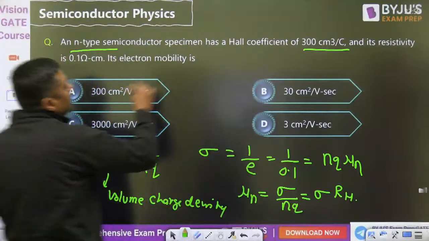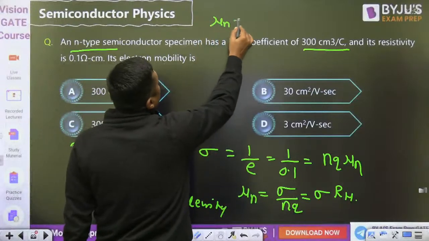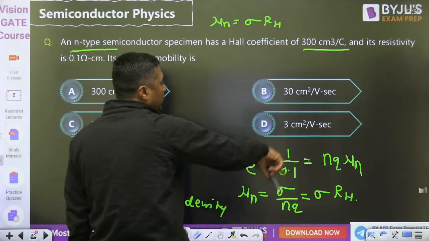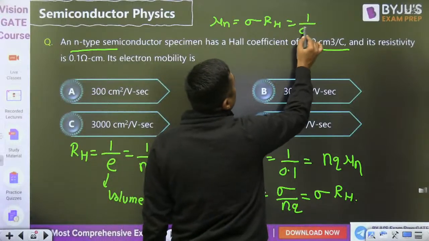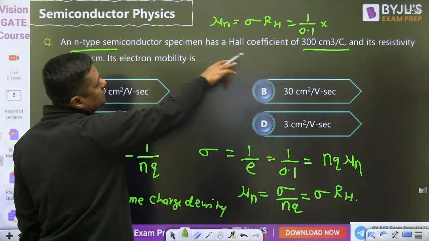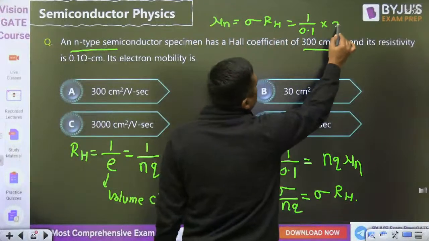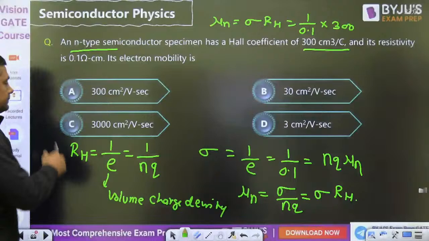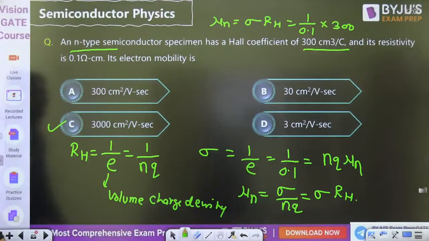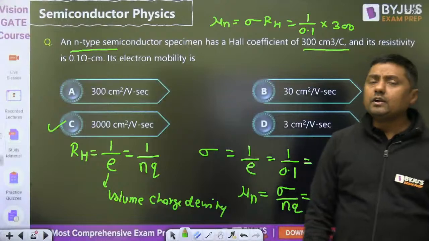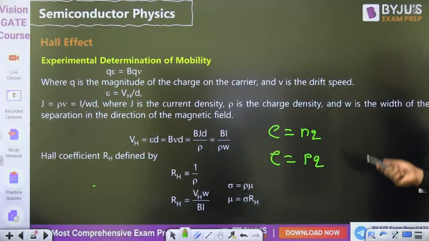So what is the mobility? Sigma RH. What is sigma? 1 by 0.1, that is 10. RH, what is the Hall coefficient here? 300. So it will become directly 3000 centimeter square per volt second. That is the mobility. So for Hall effect, get the formula right, and then you can solve.